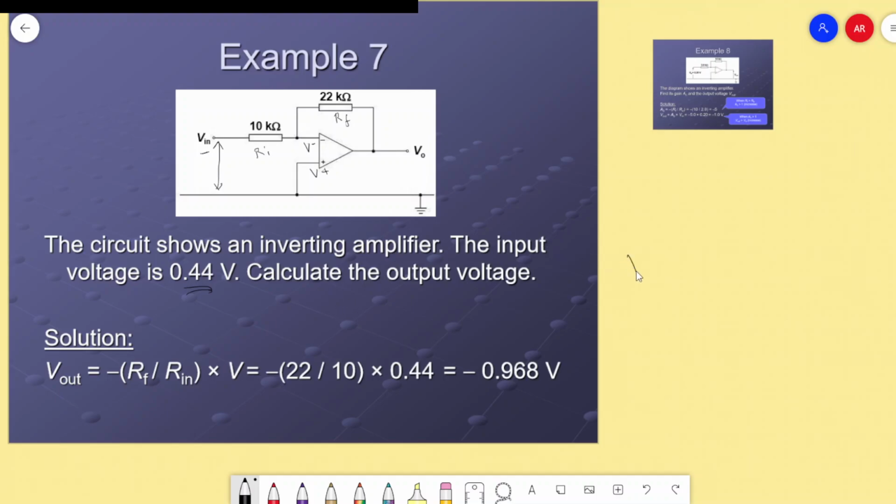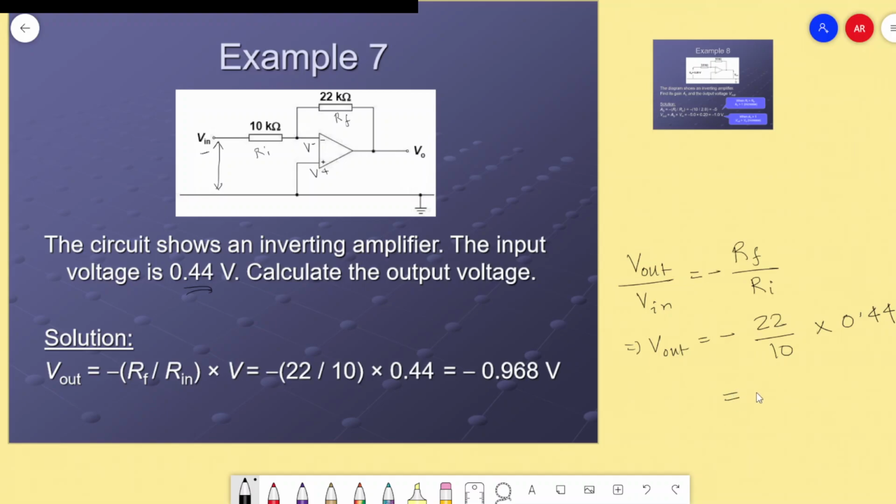As we have already got, the output voltage divided by the input voltage is negative RF by RI. So the output voltage is negative RF, RF is 22K, and we don't need to convert K because RI also is 10K, and this is going to be multiplied by the input voltage, which is 0.44.